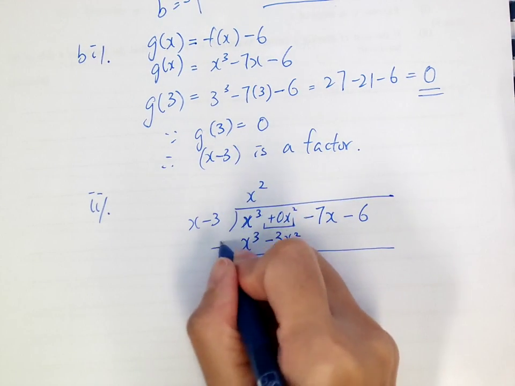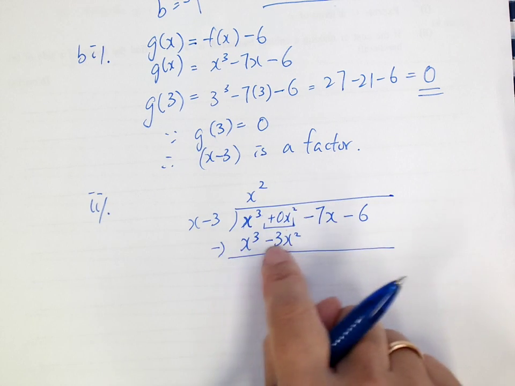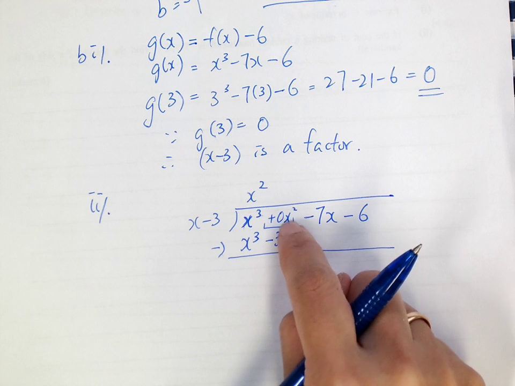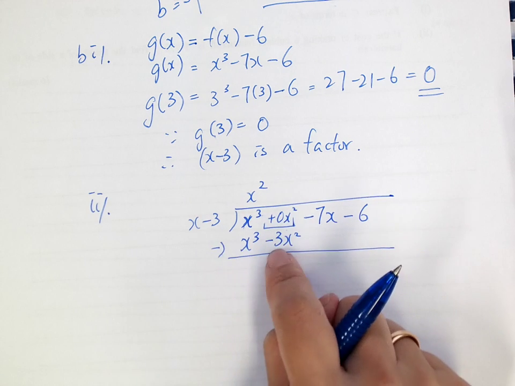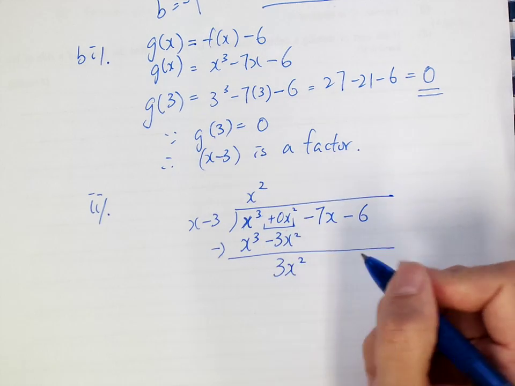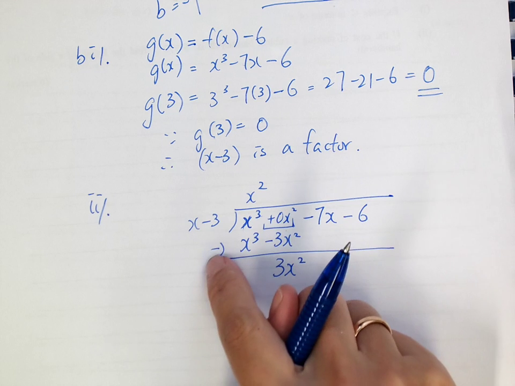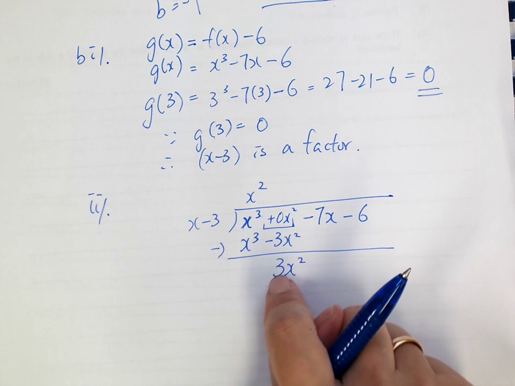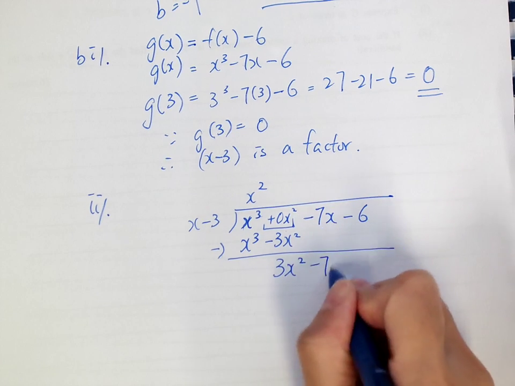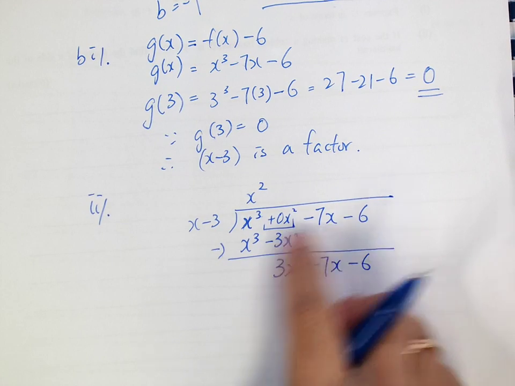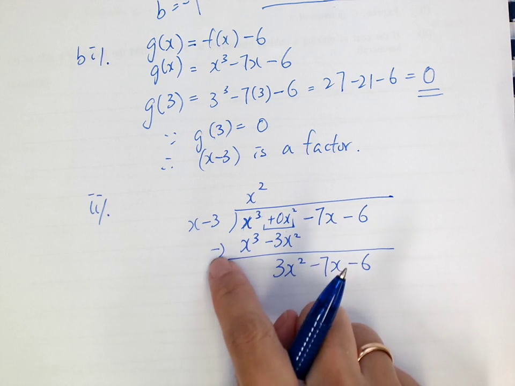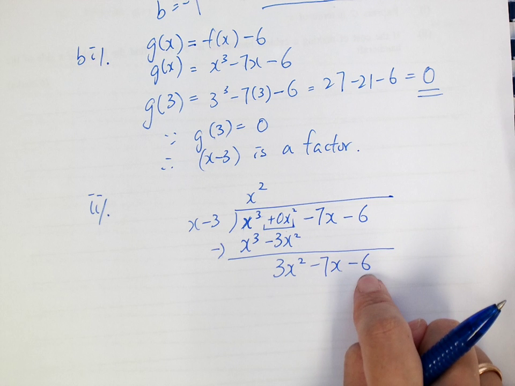So I have to use the top minus the bottom. x cubed minus x cubed, I will have 0. 0x squared minus negative 3x squared will give you 3x squared. Okay, remember it's 0 minus negative 3, so it gives you positive 3. Okay, carry down these two more terms, because negative 7x minus 0 is still negative 7x. Minus 6 minus 0 is still minus 6.